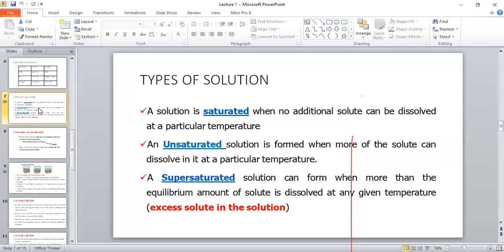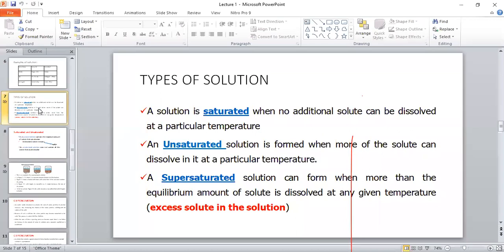Now, like I mentioned when we started, our goal is also for you to know the different types of solution: saturated solution, unsaturated solution, and supersaturated solution. A saturated solution is a solution in which no additional solid can be dissolved at a particular temperature.